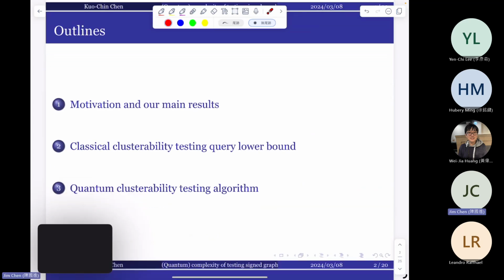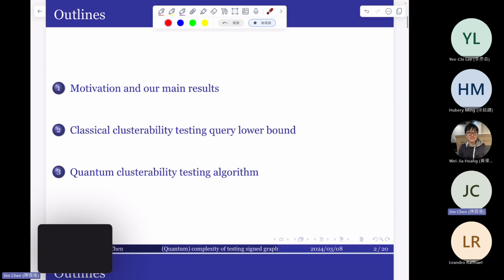So first of all, I will give you some introduction of the graph property testing and the special property, which is clusterability in sign graph. And we will show you the main results. And actually, the main result contains two folds.